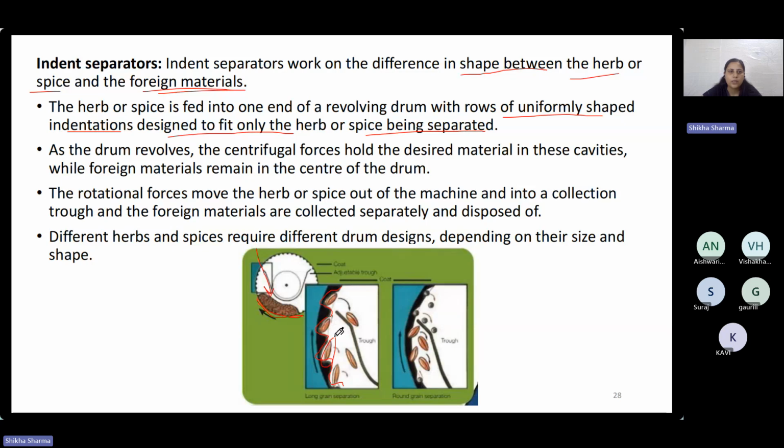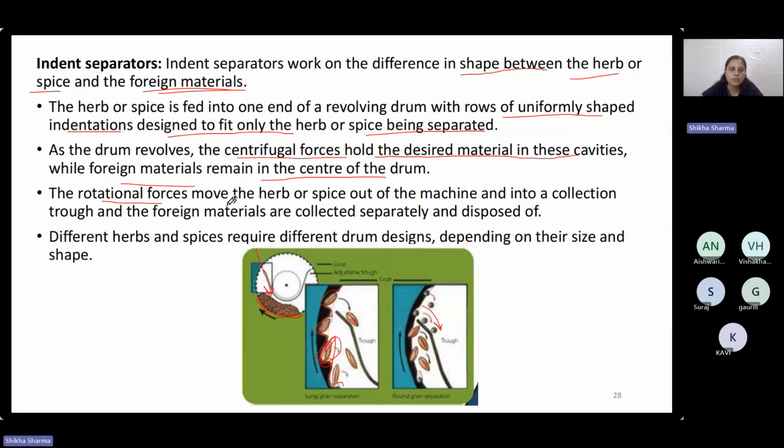As the drum revolves, because of the centrifugal force, the desired materials, which are our food product, will come into these cavities, and the other foreign materials remain in the center of the drum. So our food product will come into these indents, and the foreign material will come in the center because it will not be able to fit.